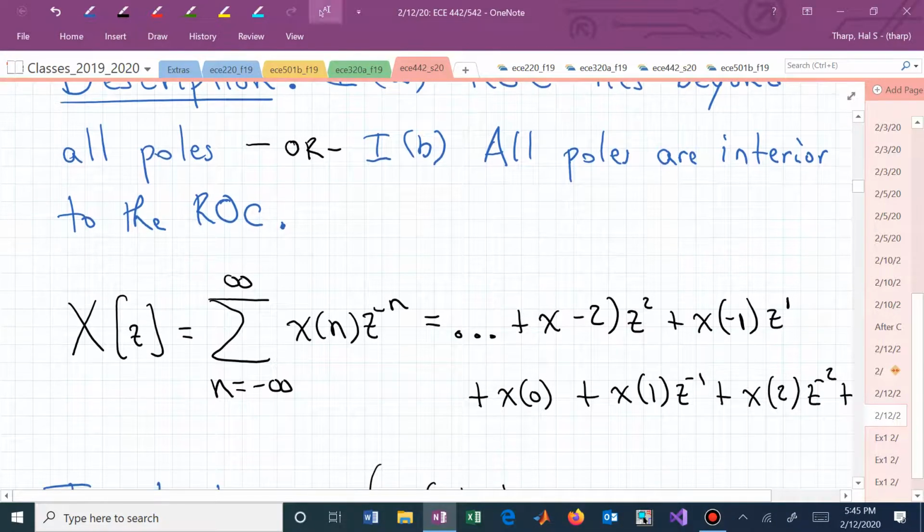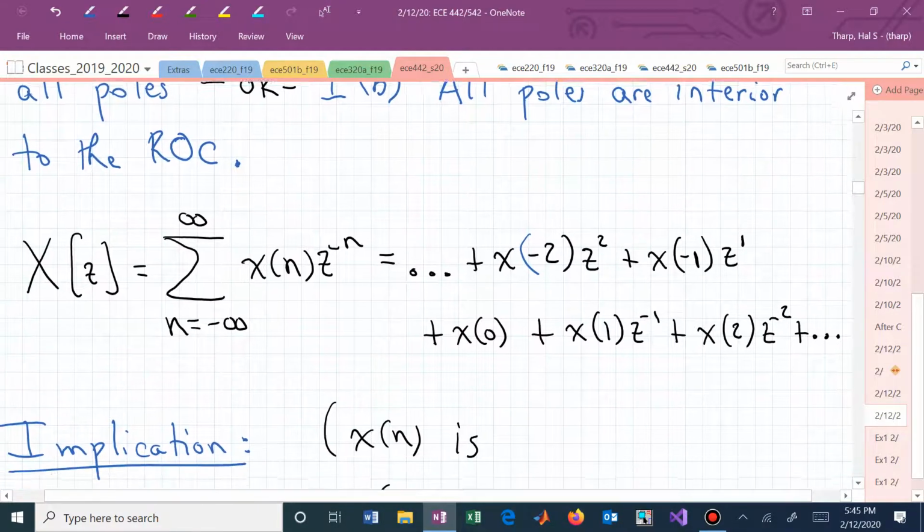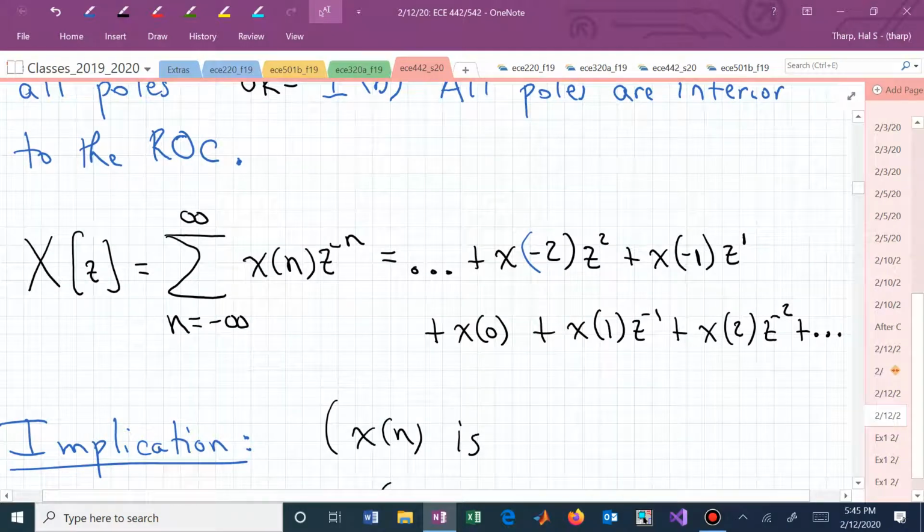Now what we want to do is figure out what that implies about the time sequence relative to this region of convergence. What do we now know? We now know that this particular capital X of z is supposed to be a finite number.